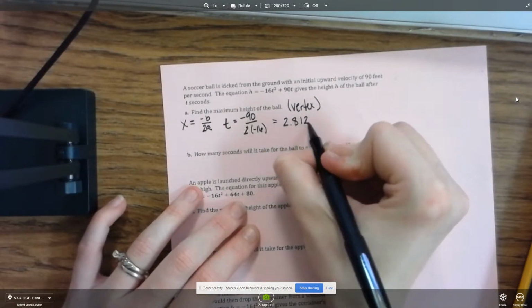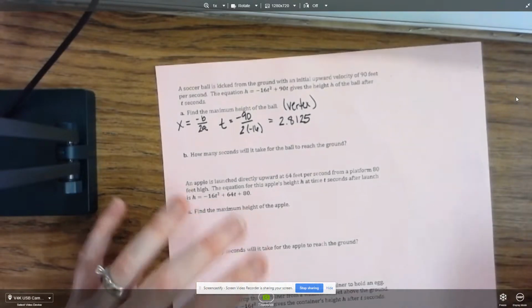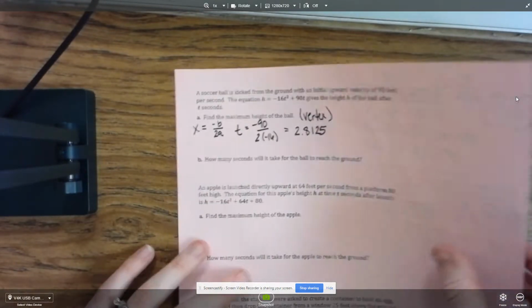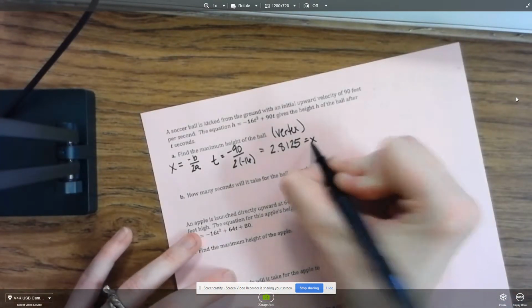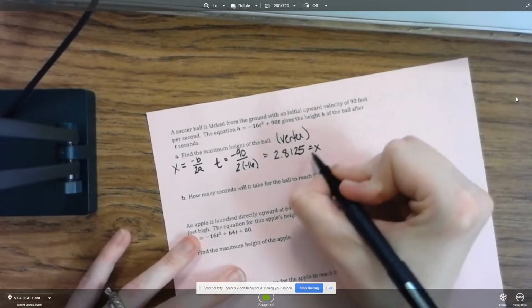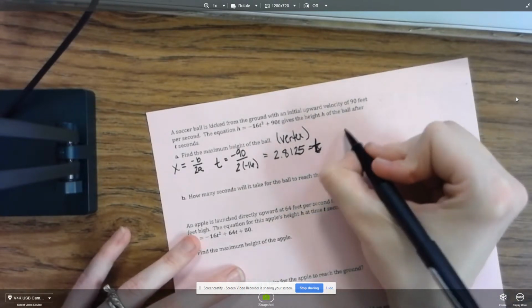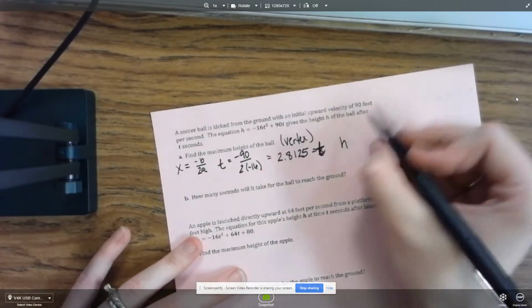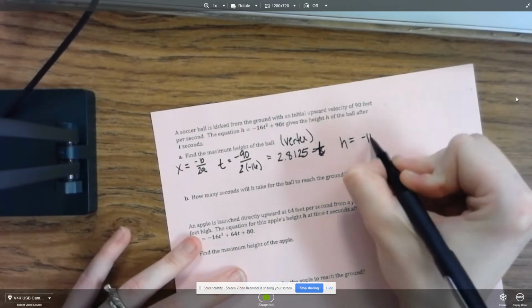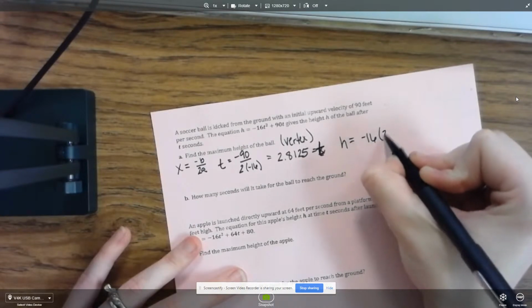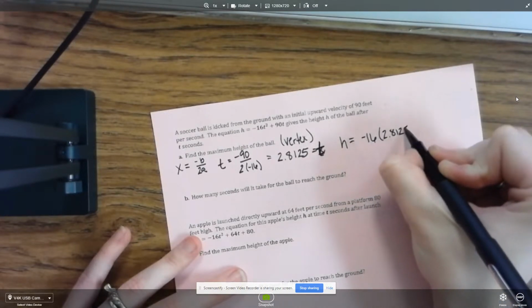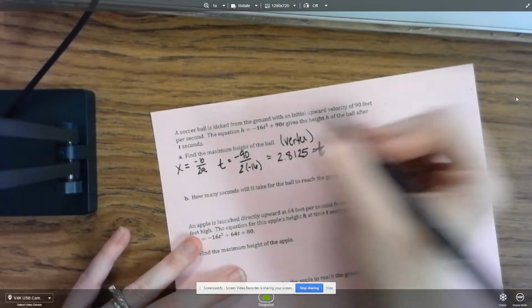Actually, I'm going to use the whole thing because I like my answers to be accurate. So that is the x value of my vertex. So this is the x. To find the y, or sorry, this is the t. So to find h, or the y, I would plug this value into my equation.